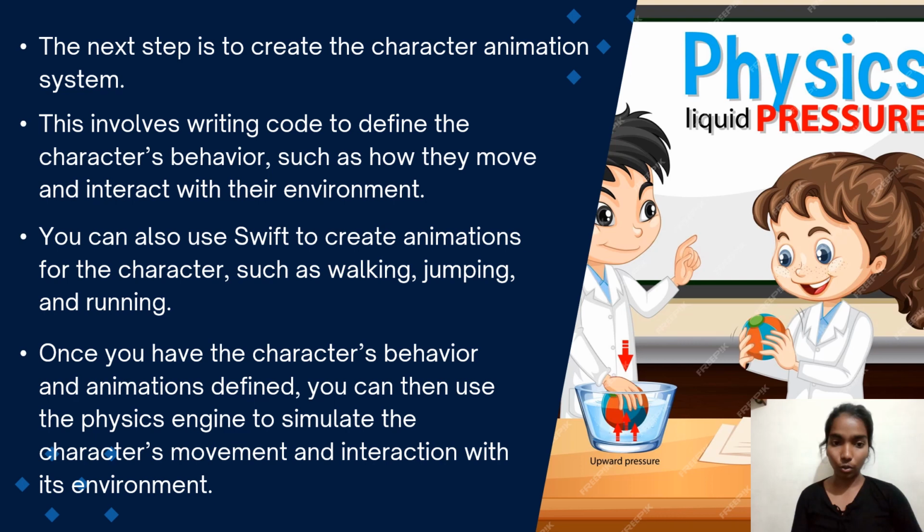You can also use Swift to create animations for the character, such as walking, jumping, and running. Once you have the character's behavior and animations defined, you can then use the physics engine to simulate the character's movement and interaction with its environment.